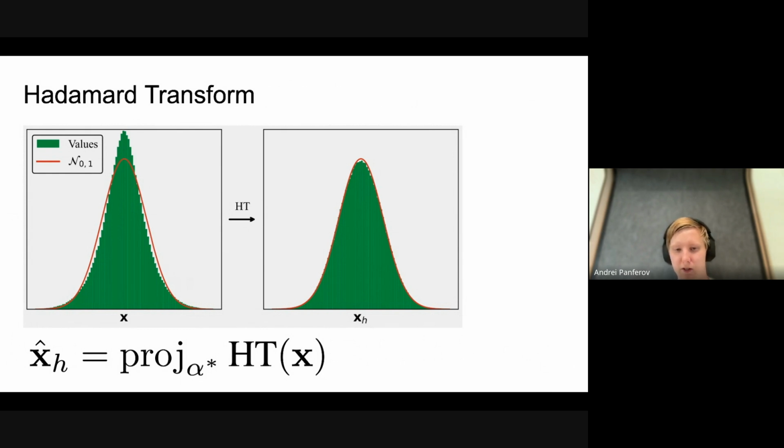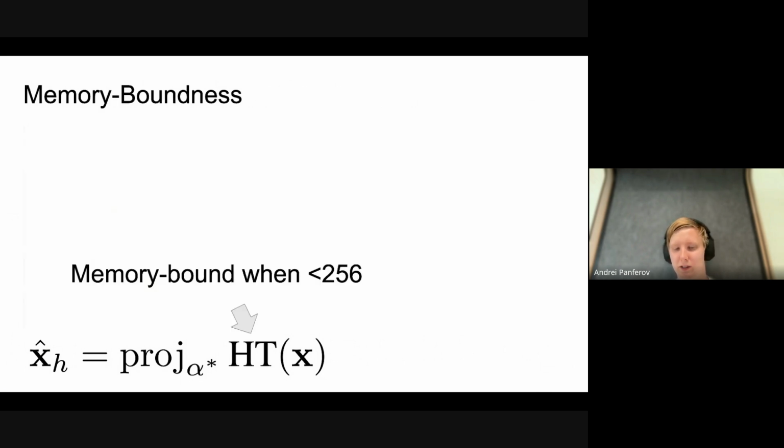And if we take a look at this operation, we can see that the Hadamard transform is actually a memory-bound operation on GPUs where the Hadamard transform size is smaller than 256, as also shown by Albert Senk and co-authors in their paper on backward pass quantization.